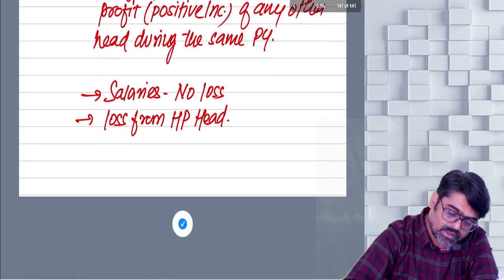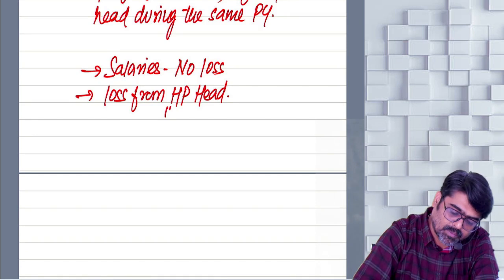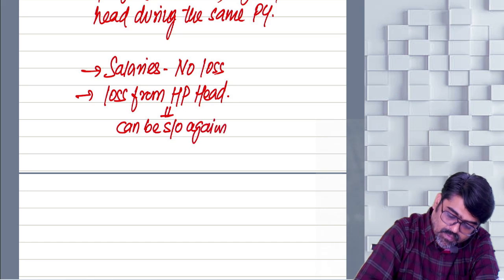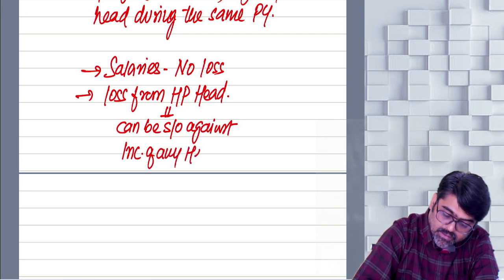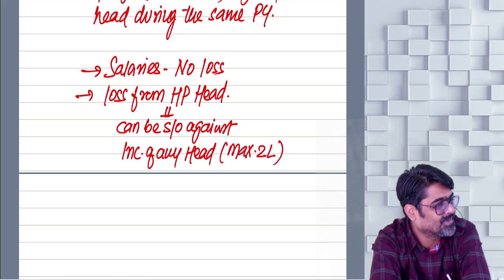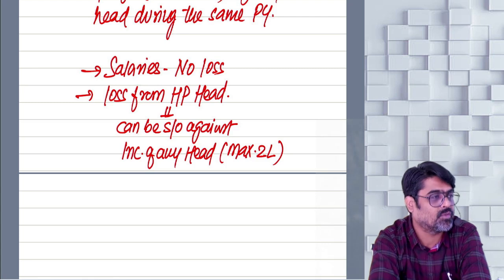So they are saying, is there any restriction? No restriction. Loss of house property head can be set off against income of any head, but to the extent of maximum 2 lakhs. So what if your house property head was having a loss of 90,000?